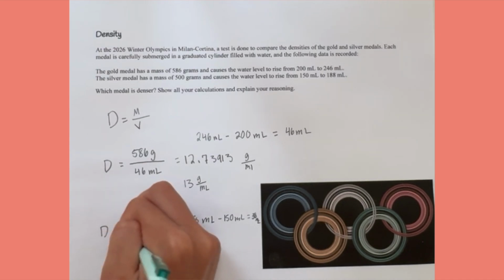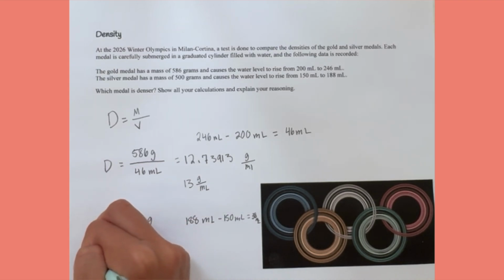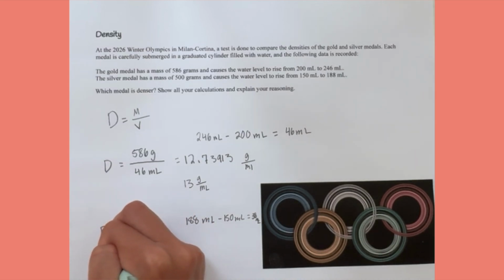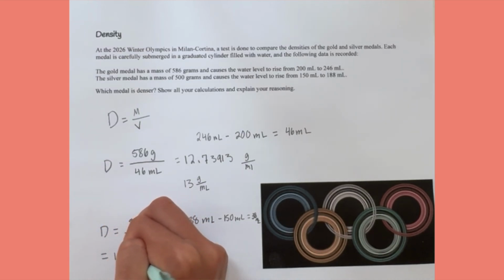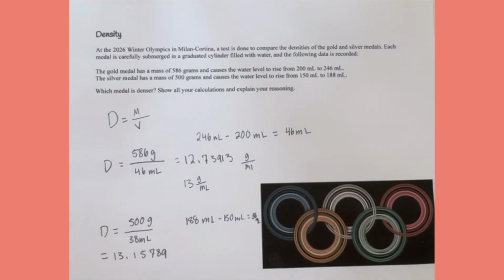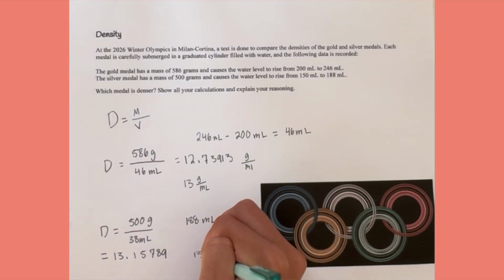So we put that in, and when you divide it, it equals 13.1578. With 2 sig figs, that's also 13 grams per milliliter.